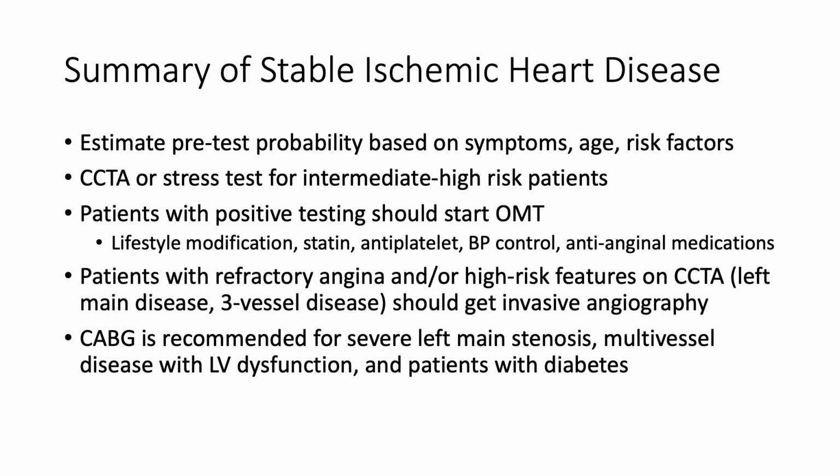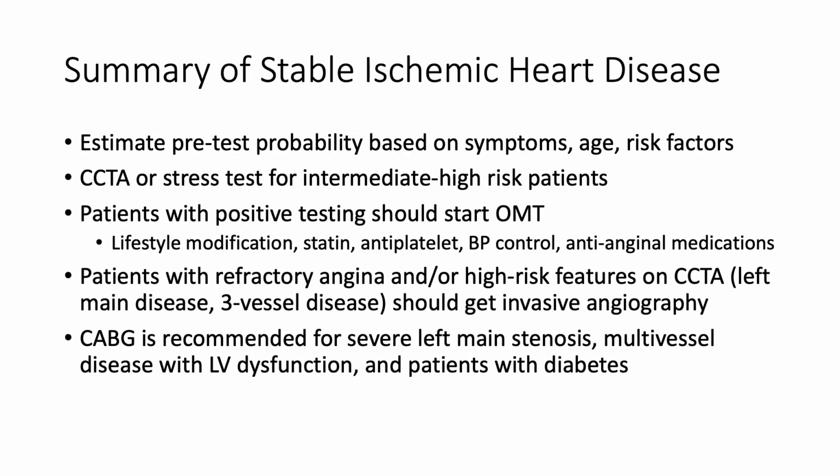All right, so here's our summary then of stable ischemic heart disease. You want to estimate their pretest probability based on their symptoms, age, and risk factors. You're going to do either a CT coronary angiography or stress test for people who are intermediate to high risk.